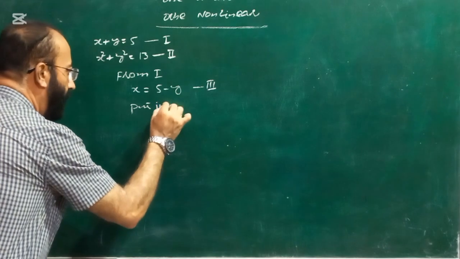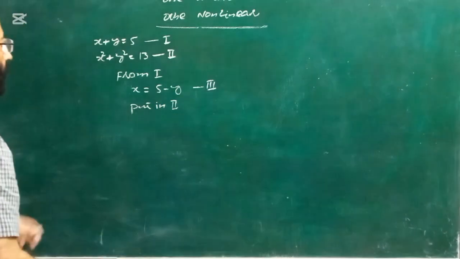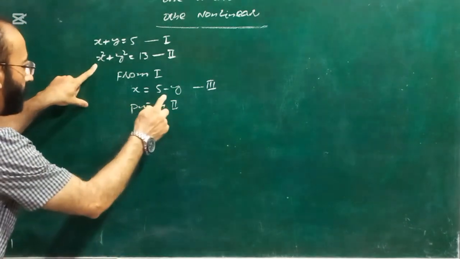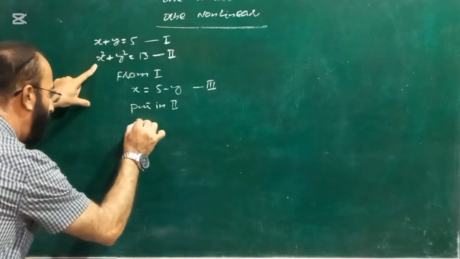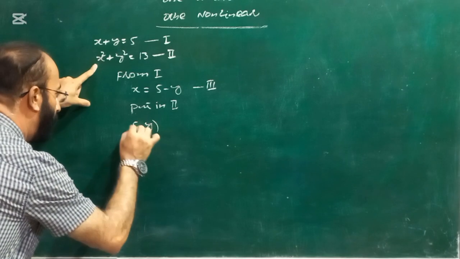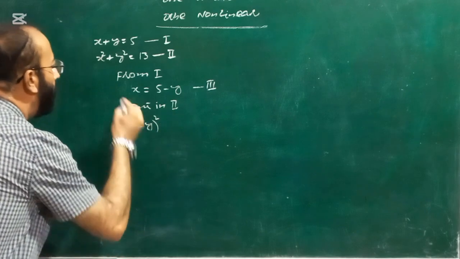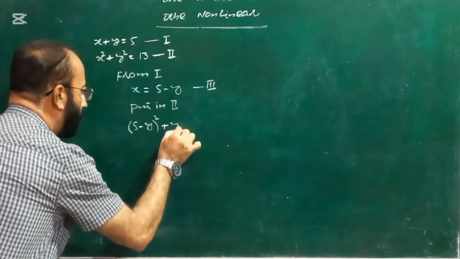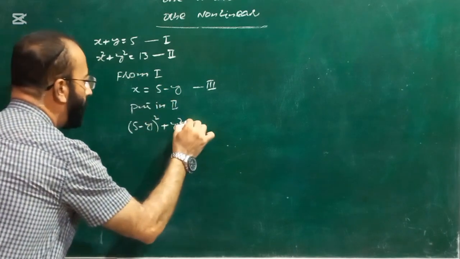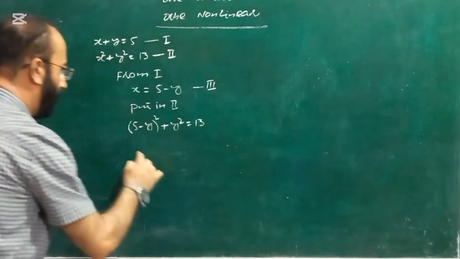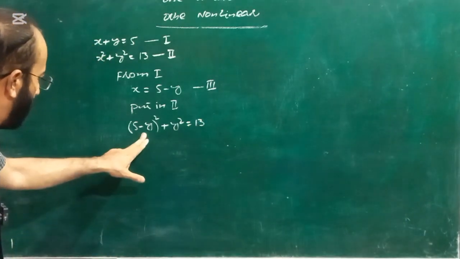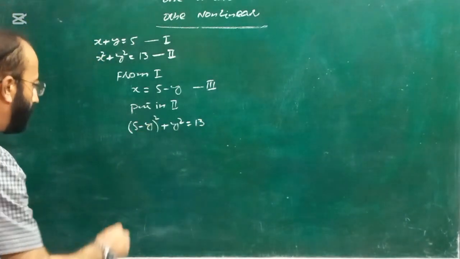So put in 2, here is x, so (5 minus y) whole square plus y square is equal to 13. Now open the bracket by applying the (a minus b) whole square formula.